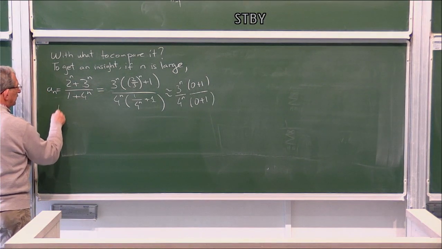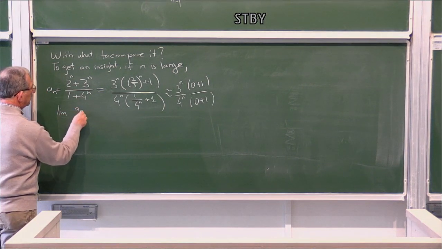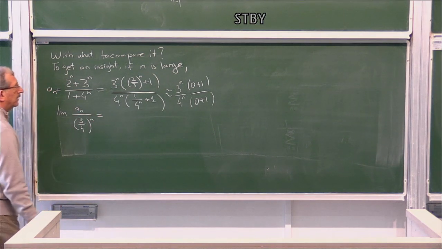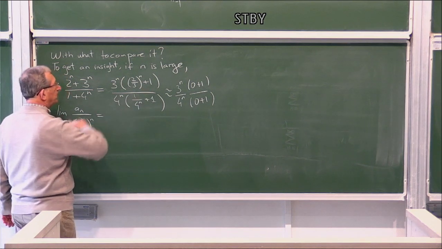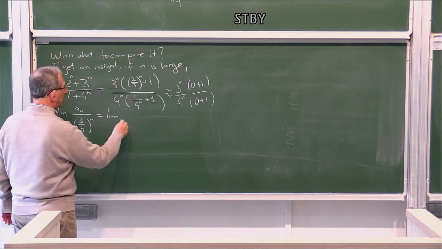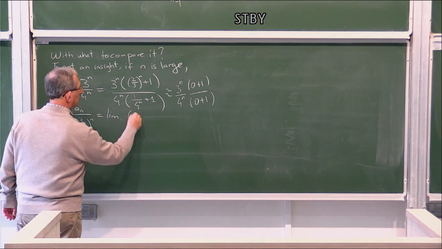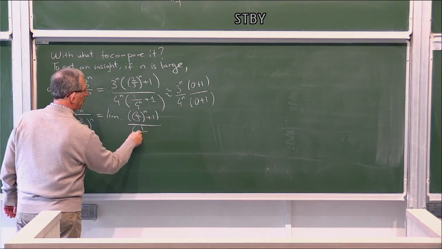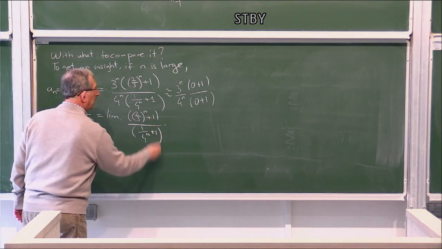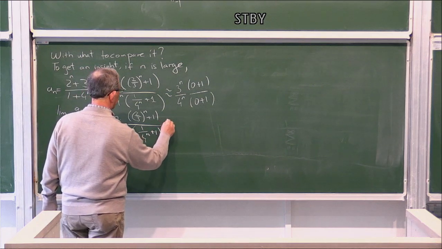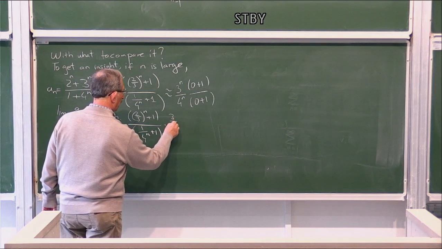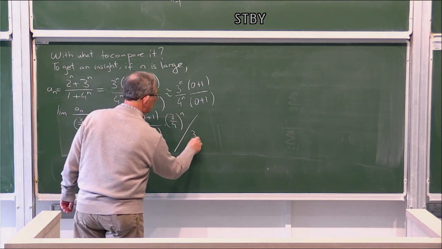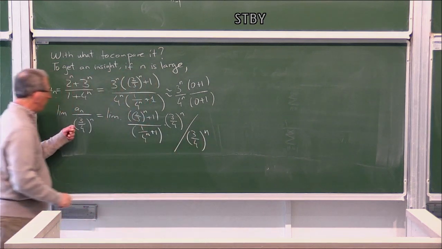So we look at the limit of an divided by 3 over 4 to the n. Okay. This is, as we already calculated, 2 over 3 to the n plus 1, divided by 1 over 4 to the n plus 1. The remaining terms, that is 3 over 4 to the n, cancel with the other 3 over 4 to the n.